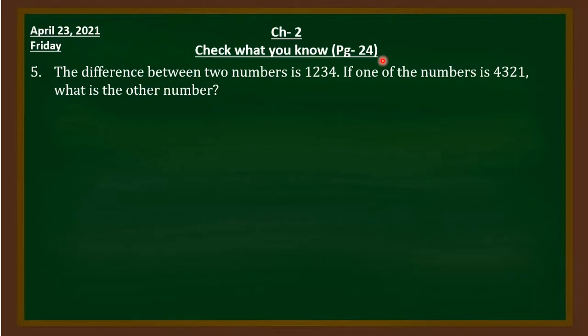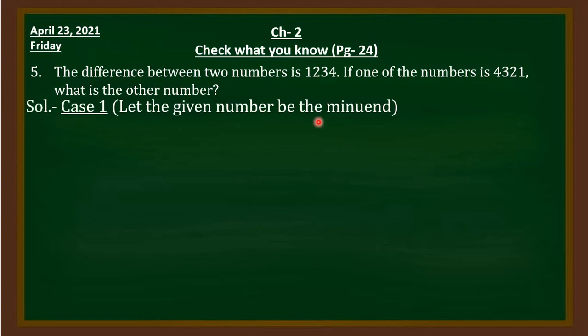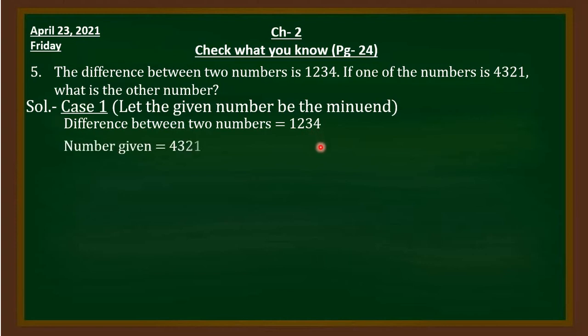So, in the first case, 4321 is your minuend. So, let's see how you will write this. The first statement would be: difference between two numbers, which is 1234. The next statement would be: number given. Here, the number given is 4321.